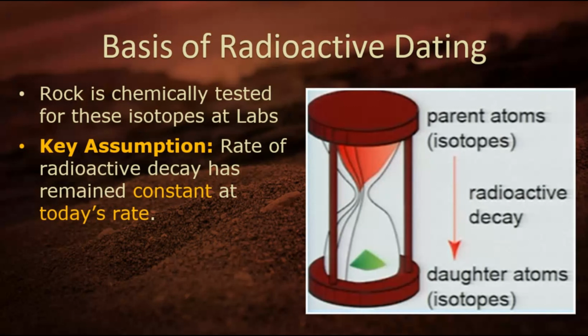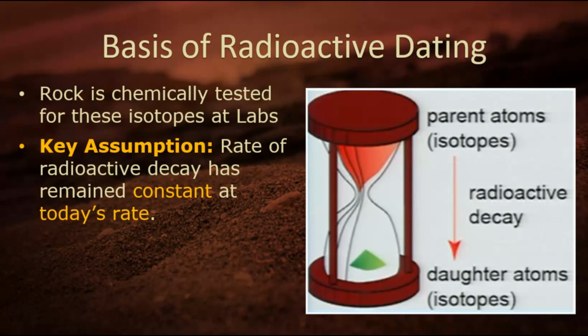Okay? So what I have on the right is an hourglass. And I want to discuss the hourglass and how it depicts radioactive decay. So on the screen, you have the sand at the top of the glass. That's called the parent, or the radioactive isotope. So figure that's your carbon-14 at the top.